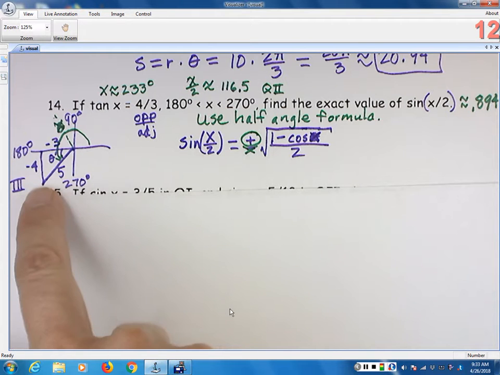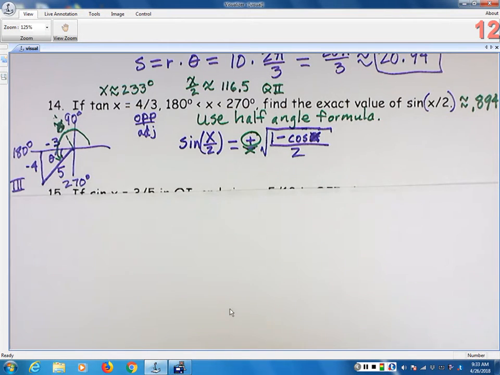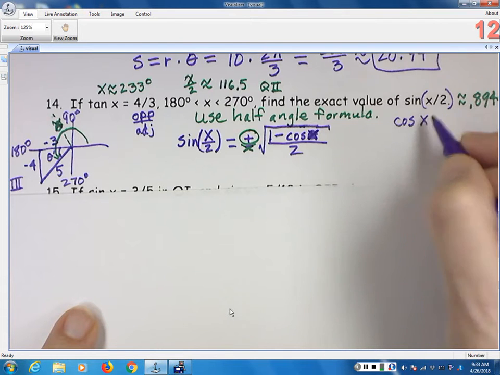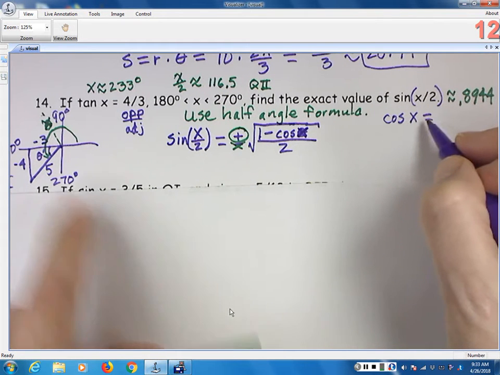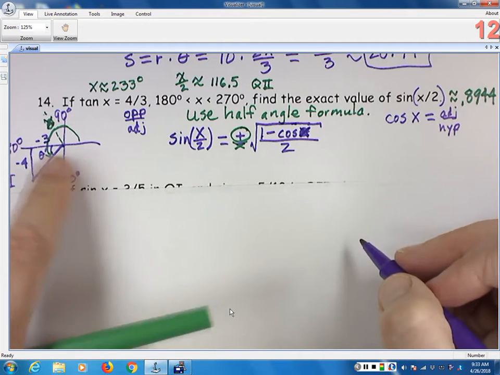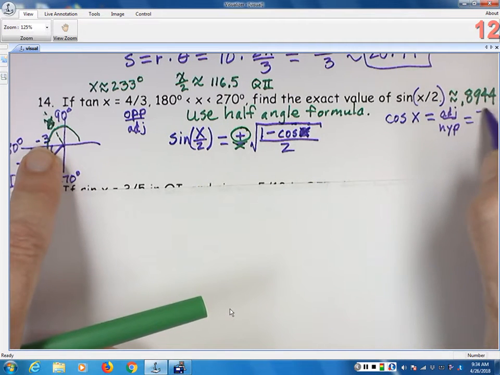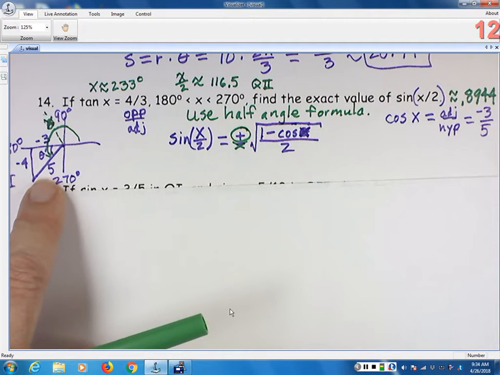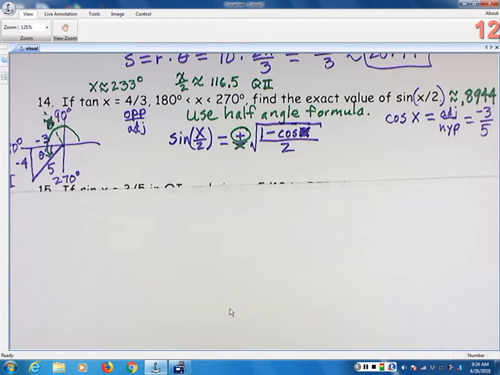Cosine x is adjacent over hypotenuse. If you have your signs right here, adjacent is -3. The hypotenuse is always positive, it's 5.